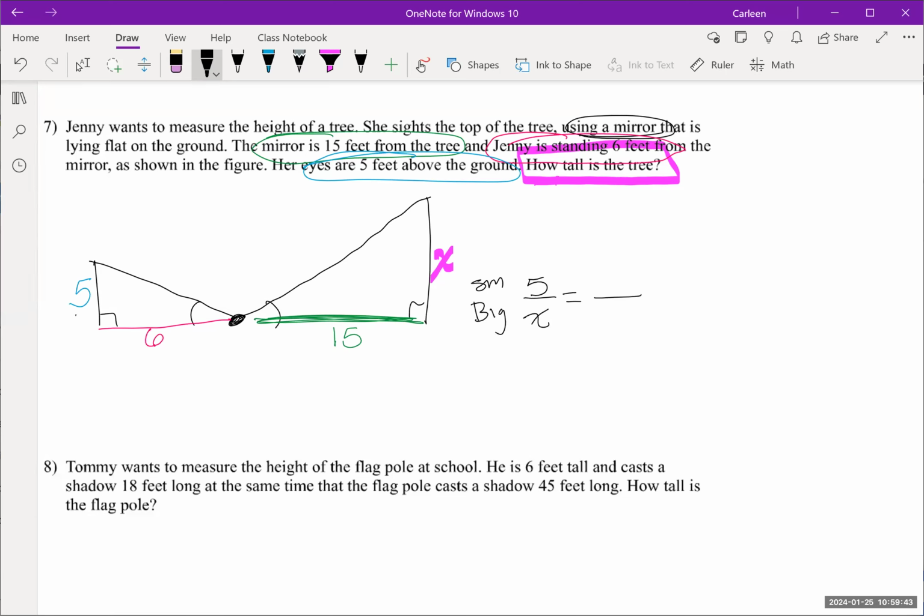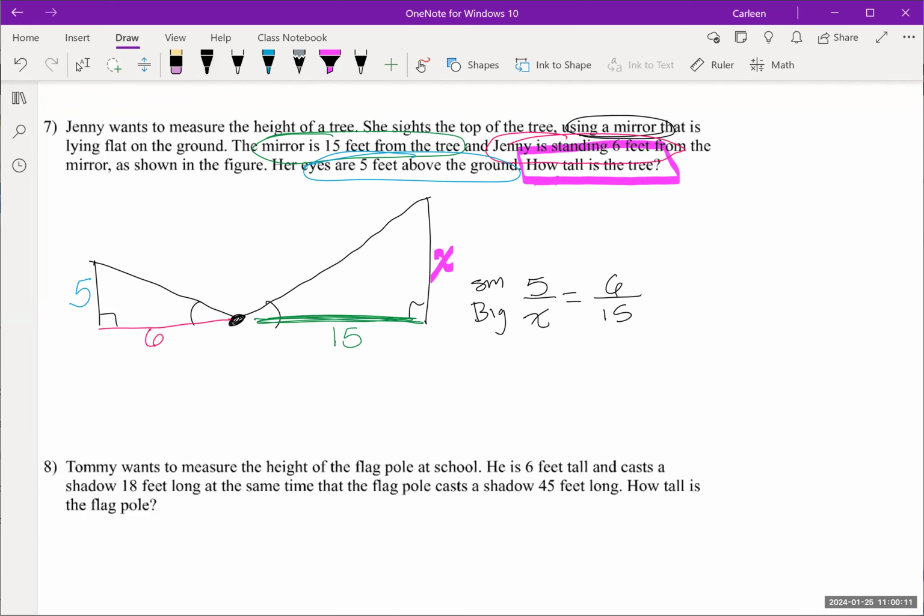Some people like to put those 2 together, but it doesn't matter. Now what goes here? Thank you. 6 is to 15. I am not going to reduce, even though when I see a fraction, I want to reduce it. Resist the temptation.